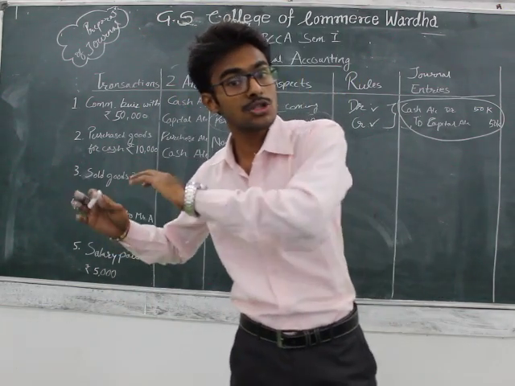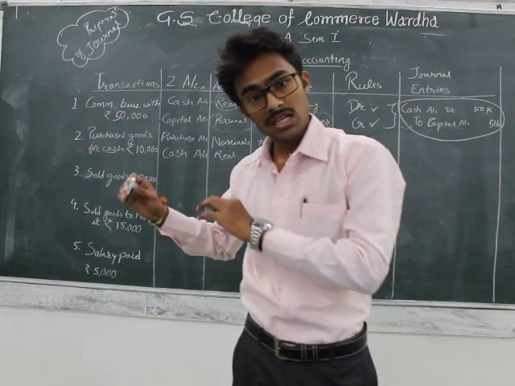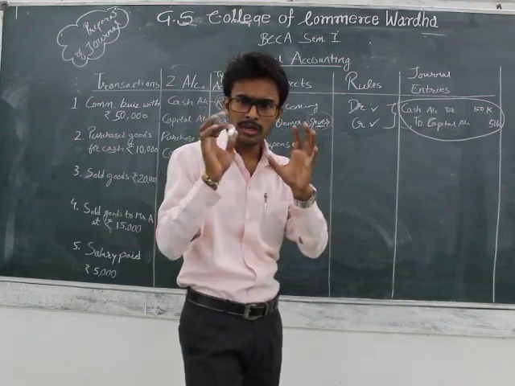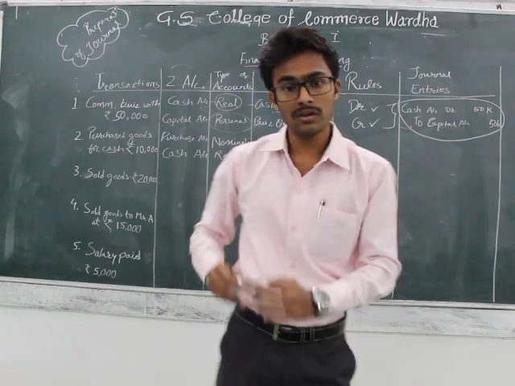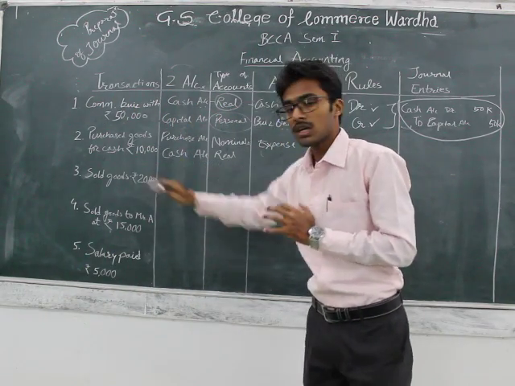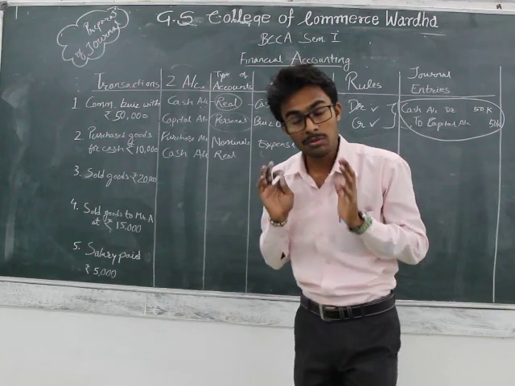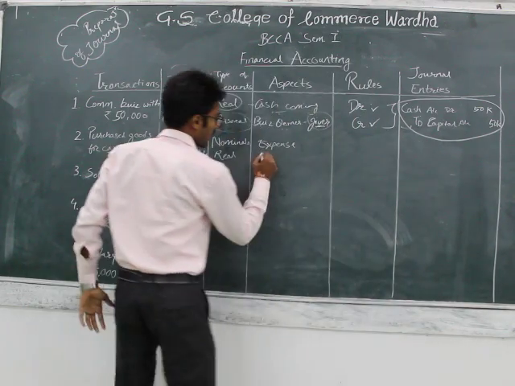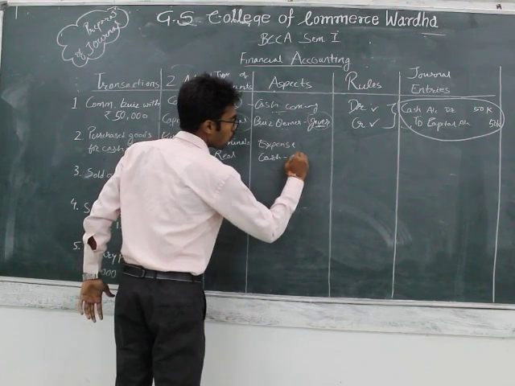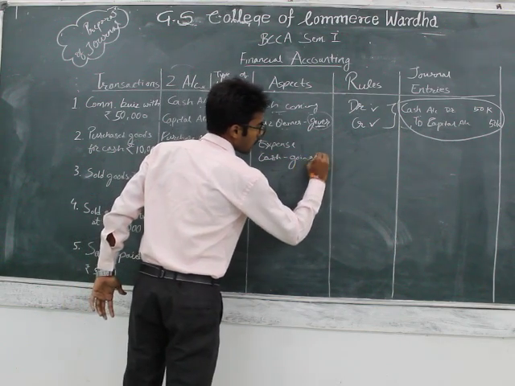That means cash is going from the business. The particular amount of cash, rupees 10,000, will not be in our account. That amount is going from our business. That means cash is going out.